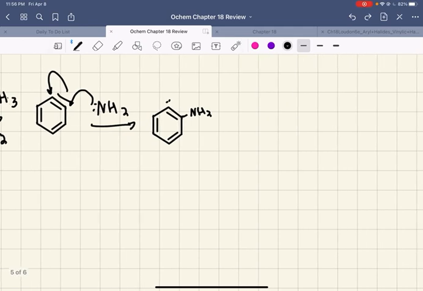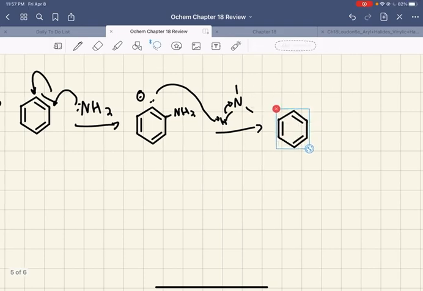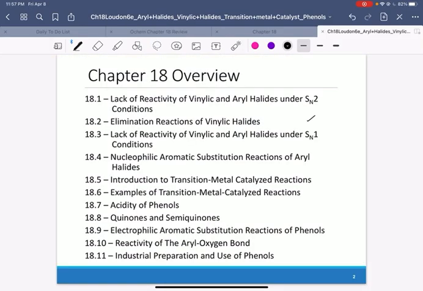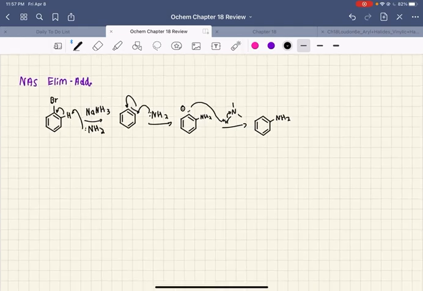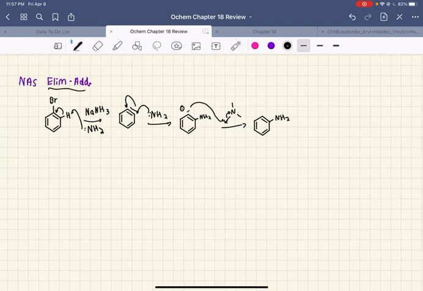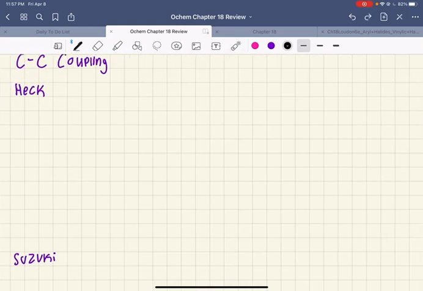Now NH3, which is in solution, will cause these lone pairs to deprotonate here. And this will be the final product. That is nucleophilic elimination-addition. Now we'll move on to carbon-carbon coupling.